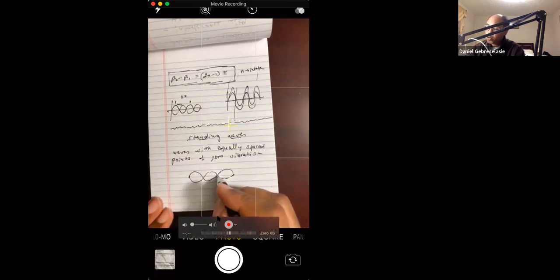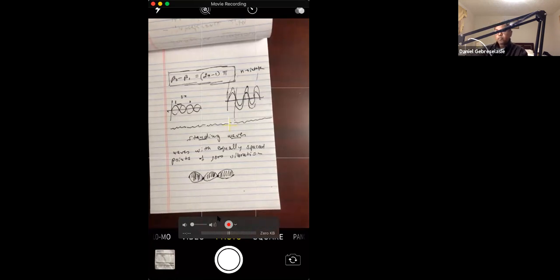You've got this kind of wave over here. Let's say this goes like this, and then this goes like this. If you've got this kind of wave where you've got points of zero vibration, these molecules vibrate vigorously, but then there are molecules that do not vibrate in between, okay? So such a wave is called a standing wave, all right?